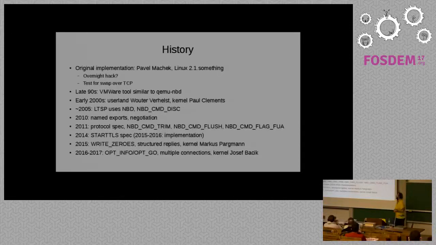After a few years, though, Pavel got tired of maintaining some overnight hack from 5 years ago, and he passed maintenance on to two different people. For the kernel bits, he talked to Paul Clements, who'd been working on it a bit, and I did the userland devices.